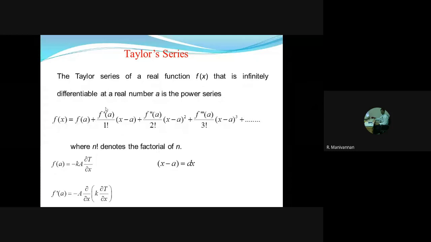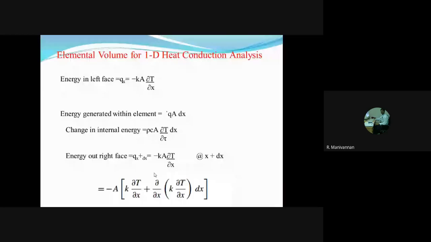Now we use the Taylor series for the Fourier's law equation. I'm pulling out minus kA, keeping it outside the bracket, and writing the remaining terms: k ∂T/∂x plus ∂/∂x of (k ∂T/∂x) into dx.